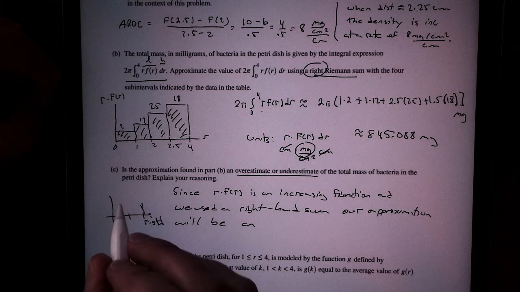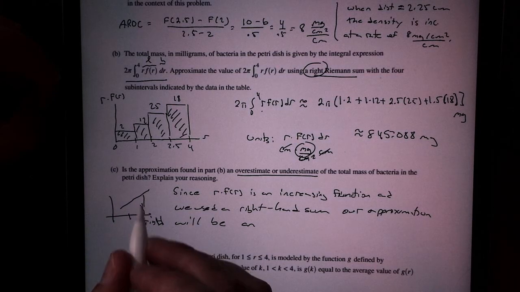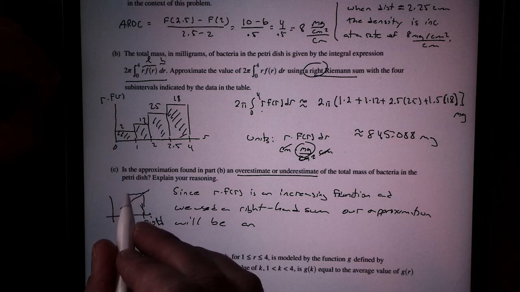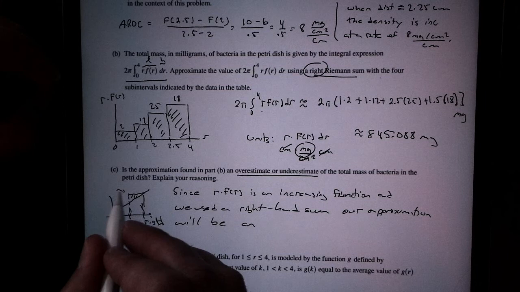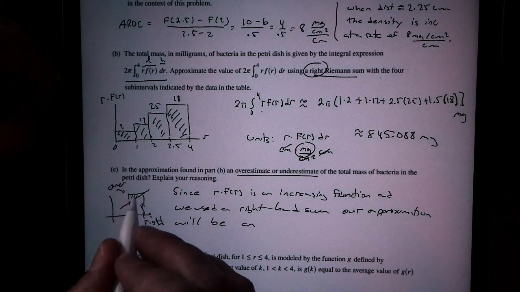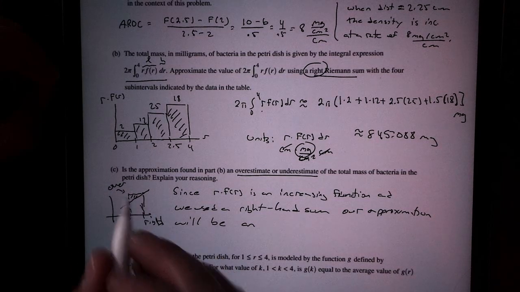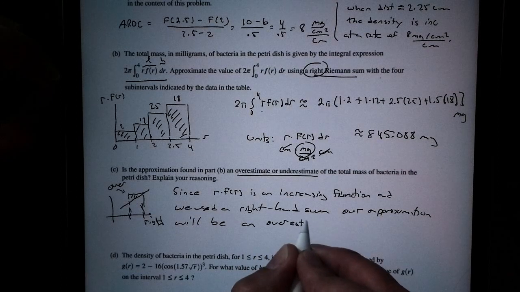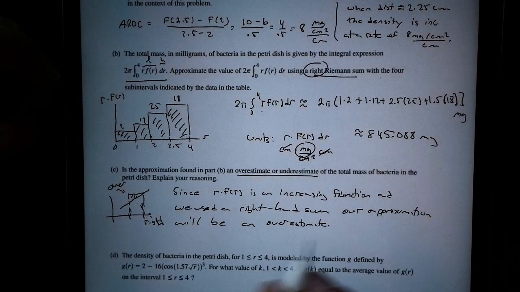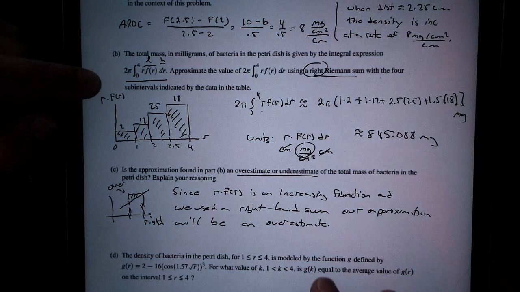Let me go fix that. Make this an increasing function. There we go. If I pick a right point, that's an increasing function. This is going to be an overestimate. We have too much above the line that's being shaded in, so it's an overestimate. That's probably just worth 1 point on the AP.